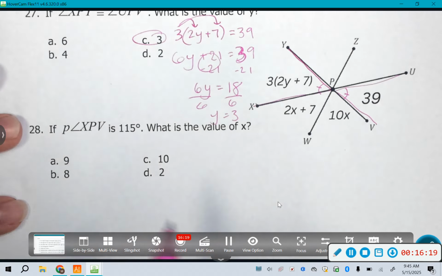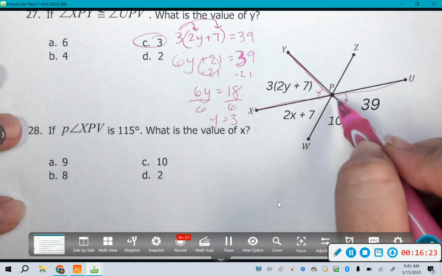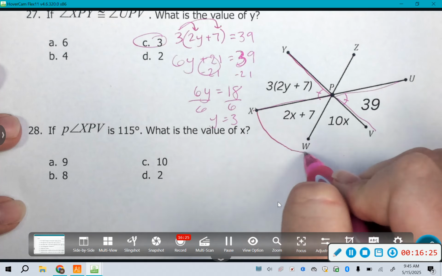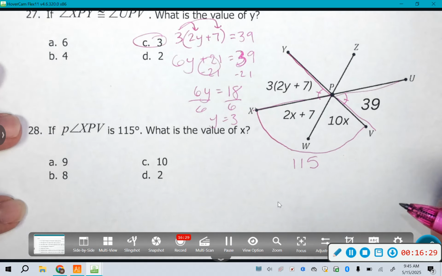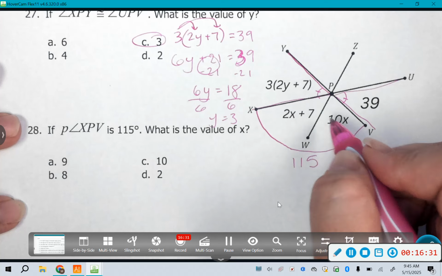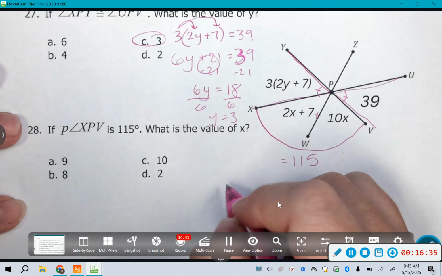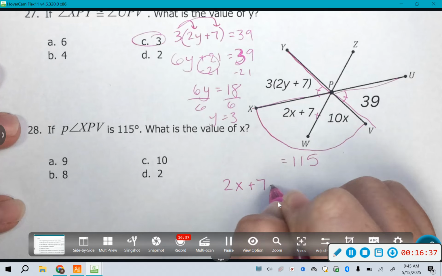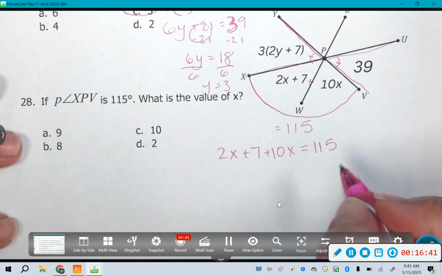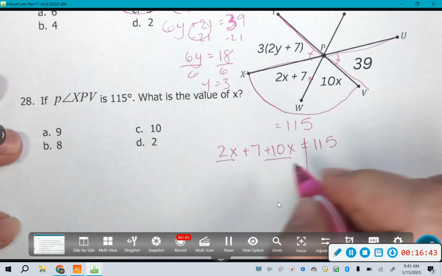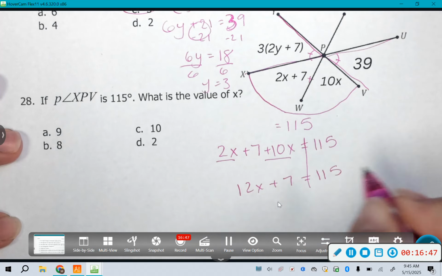Okay, then it says if XPV, this whole thing from X to V is 115, find x. Well, I know that these two angles make up that whole thing, so this plus this equals this. So combine my like terms, and I get 12x plus 7 equals 115.